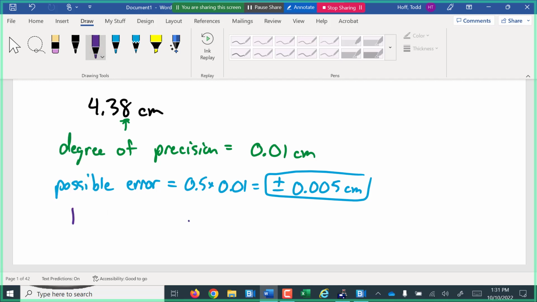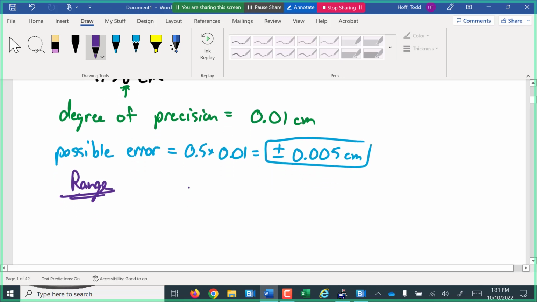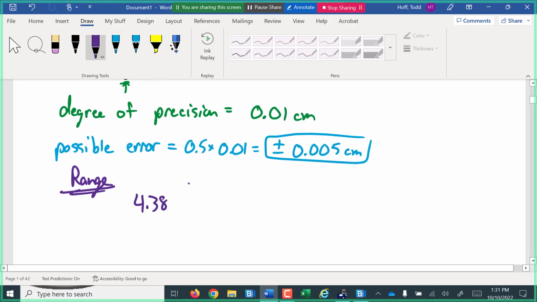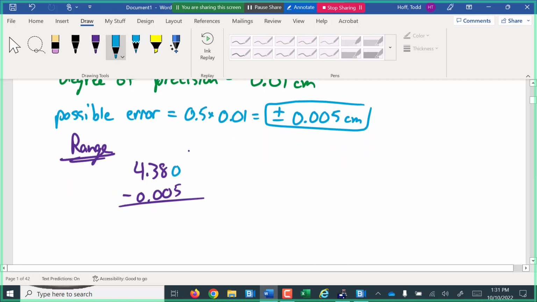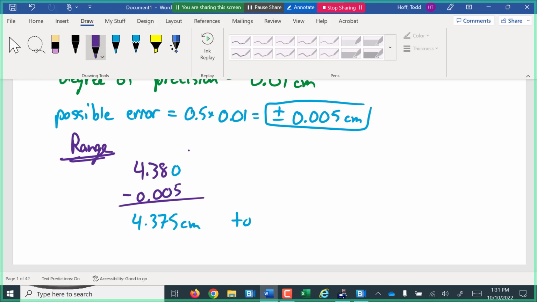So then the range, well, 4.38 minus 0.005. If I add that 0 on the end and I do my borrowing, that's 4.375 centimeters. To 4.38 plus 0.005. So 4.385 centimeters.